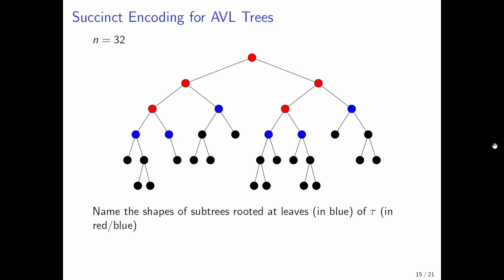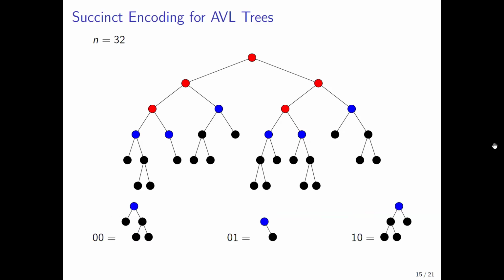And then the next step will be to identify the leaves of this tree tau, and we're going to name the shapes of the subtrees that are rooted at a leaf of this tree tau. What I mean by that is we're going to just enumerate them all and write a string for each one. We know that all the subtrees are relatively small, because otherwise the children of these leaves would also be in the tree tau.